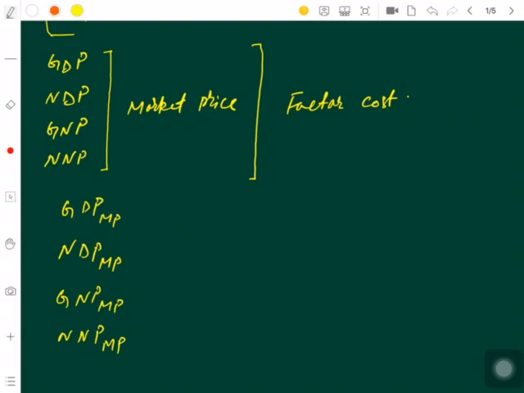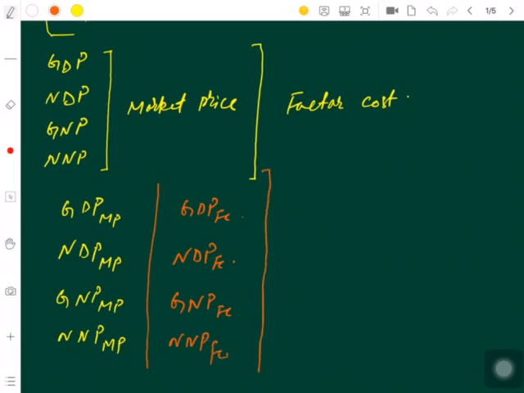The second category would be again GDP but at FC, NDP at FC, GNP at FC, and NNP at FC. In order to define all these, you will have to understand the definition of only one. Rest you can incorporate.